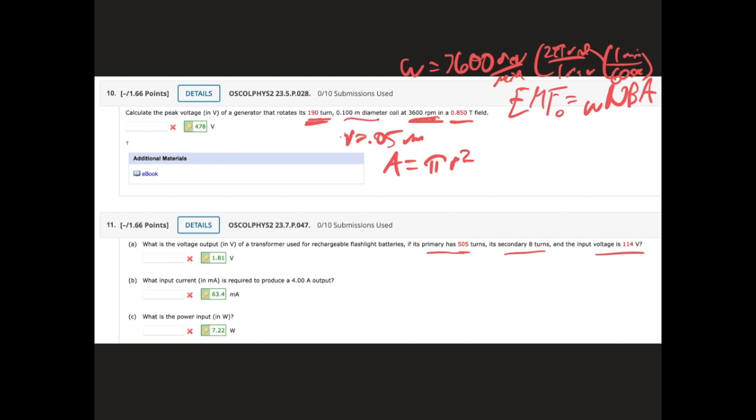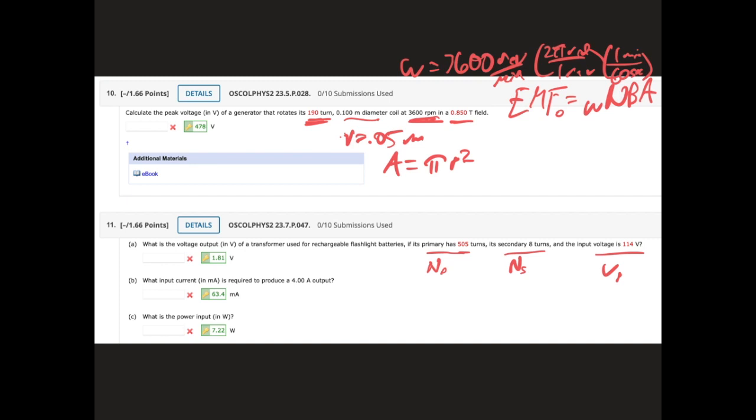So we have the N primary, we have the N secondary, and we have the V primary. We're asked to find the V secondary, the output voltage.